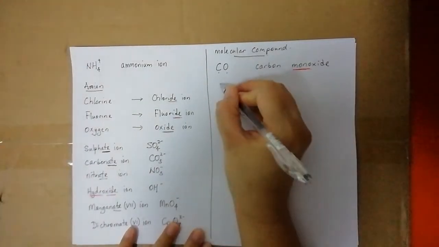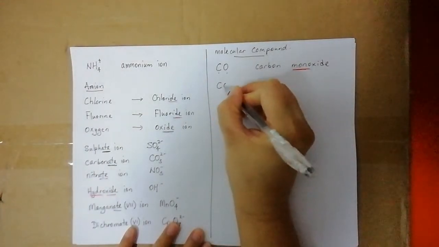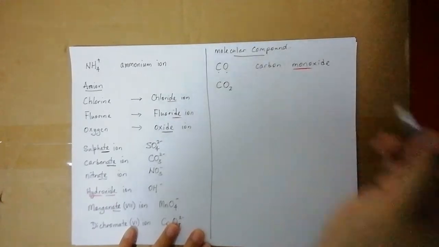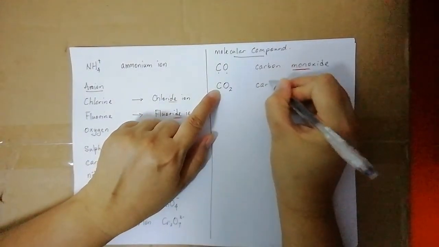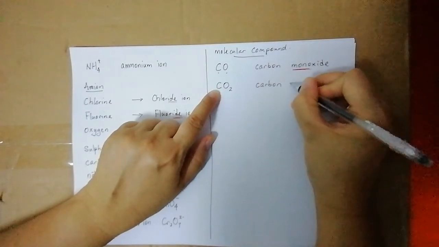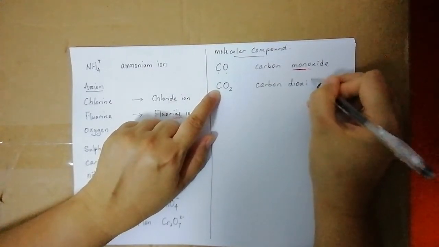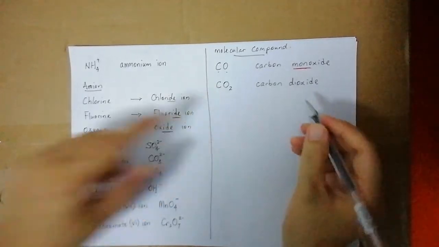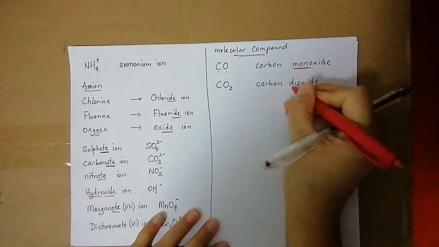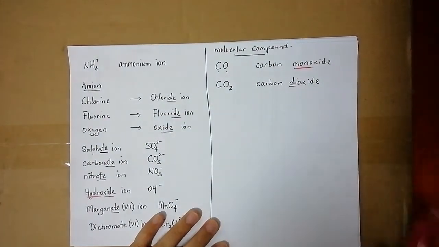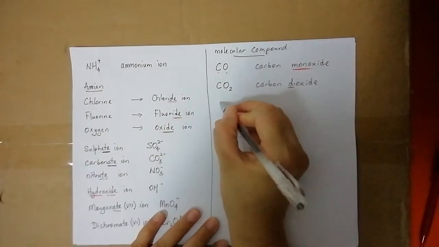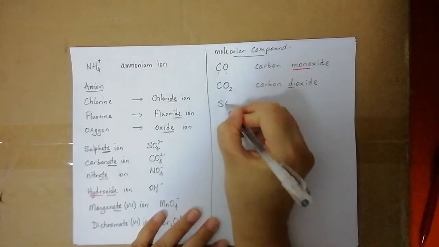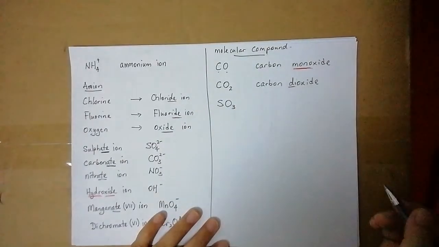So let's have another example. When I have CO2, then the name will be carbon dioxide, because it has 2 oxygen, so dioxide. Another example, you can see SO3.